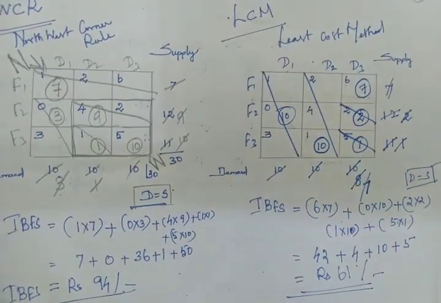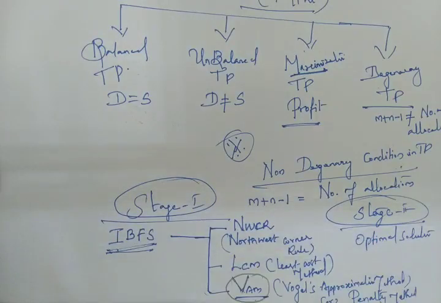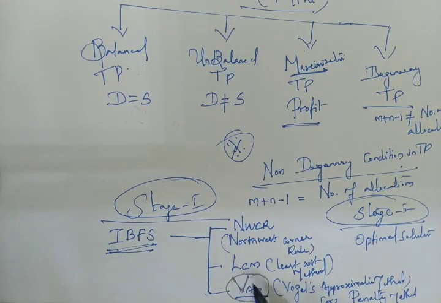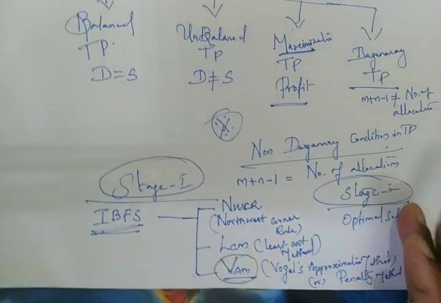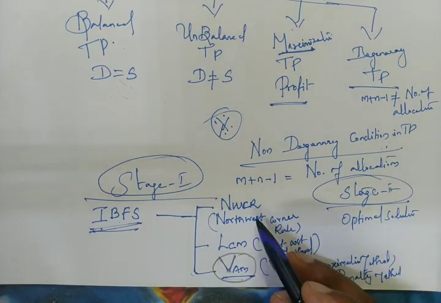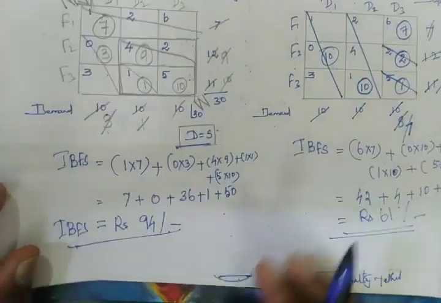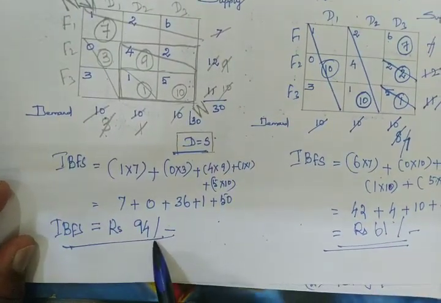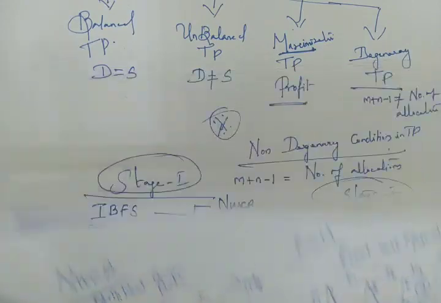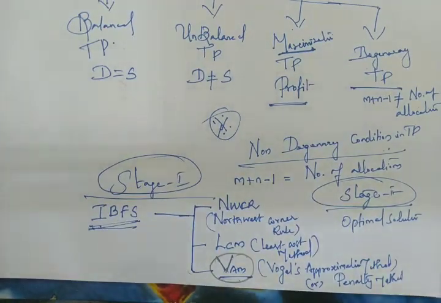Now I am going to explain another method. We have 3 methods: northwest corner rule, LCM, and Vogel's approximation method, also called the penalty method. In this problem the northwest corner IBFS value is 94, LCM gives 61. Now we will solve the same problem by Vogel's approximation method.